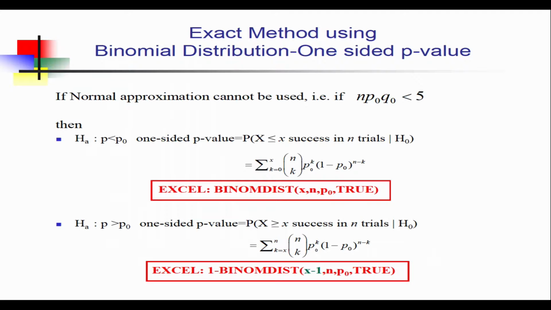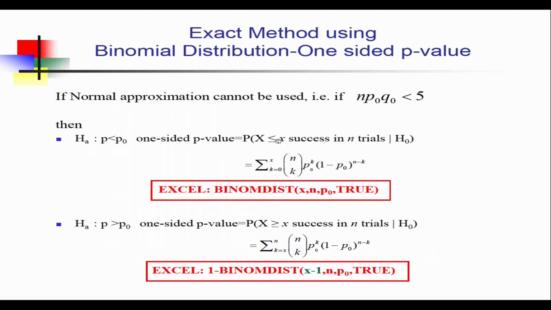Remember, what's the definition of the p-value? The p-value is the probability of getting a number as extreme or even more extreme than your observed value. So if you get small x successes in those n binomial trials, what's the probability of getting a number of successes as extreme or more extreme than x?